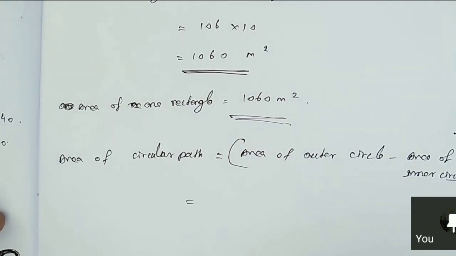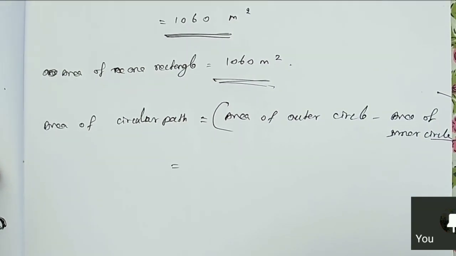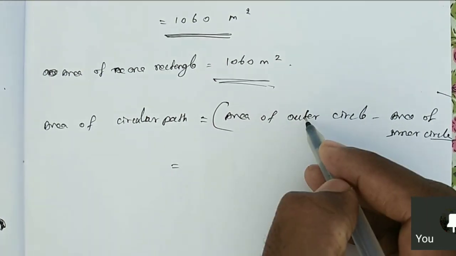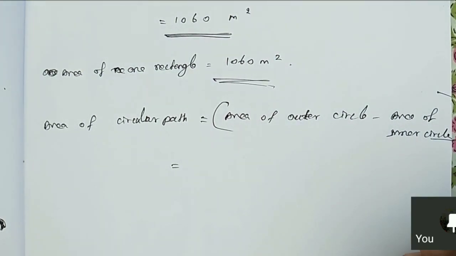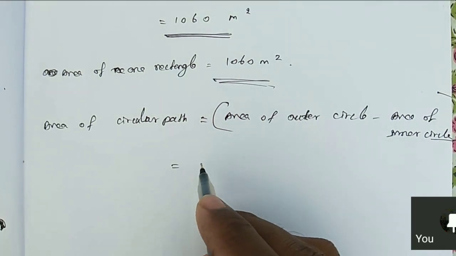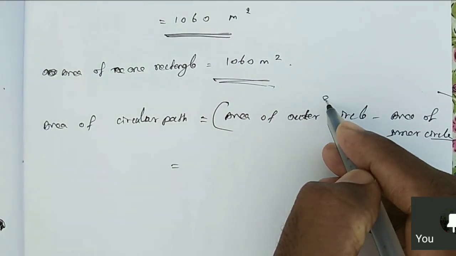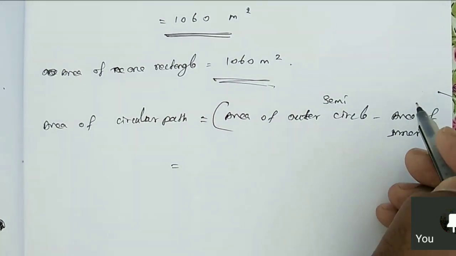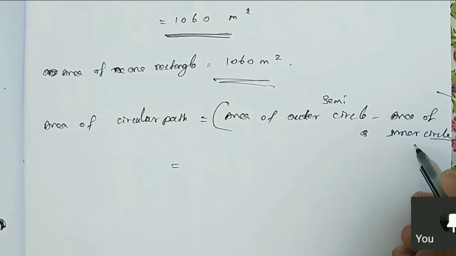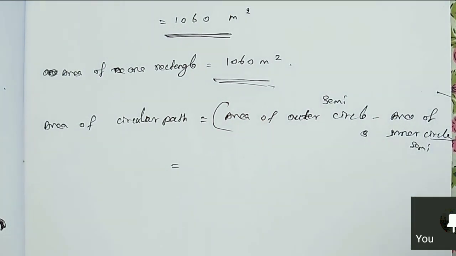So what is the area of the outer circle? Formula. Outer semicircle. Are you listening or not? Area, I'm asking area. That is perimeter. Here area.